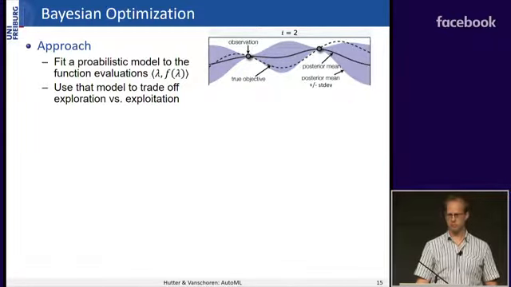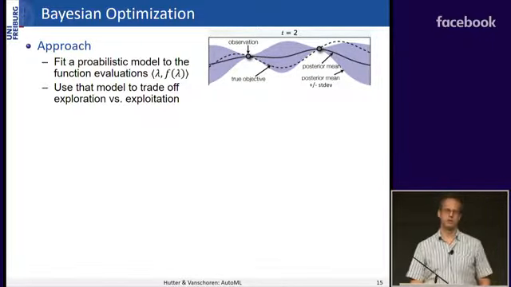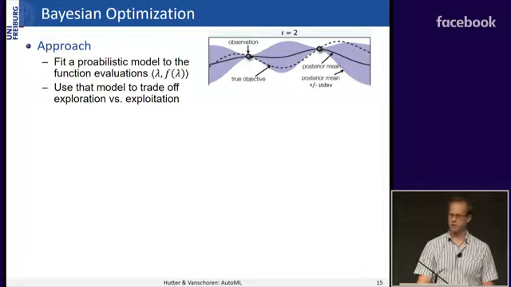It's just a single hyperparameter because I can't make a nice figure in n dimensions, but it directly translates to that case. And here you have the true function here in dashed. And we have evaluated it here and here. And what Bayesian optimization does is to fit a probabilistic model to these function evaluations in order to predict for unseen hyperparameter settings what the performance would be like.